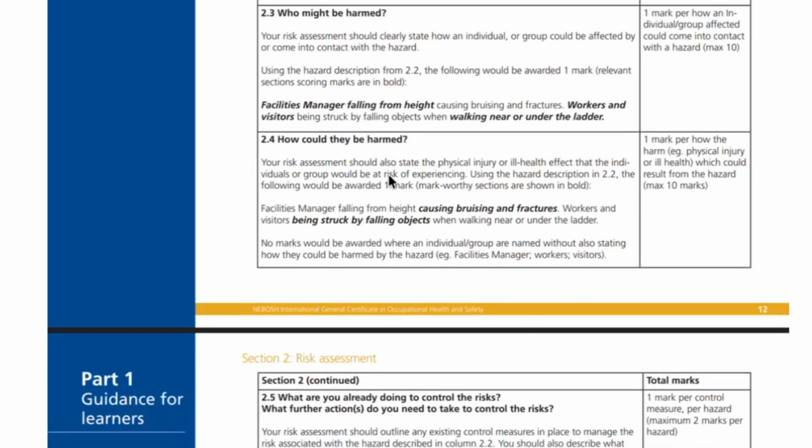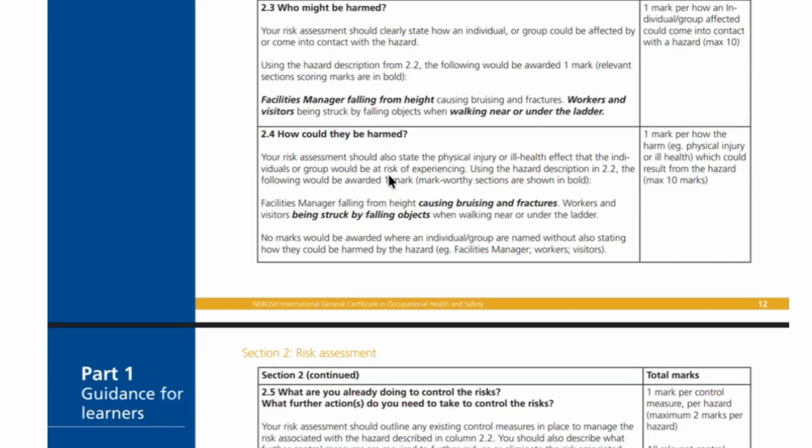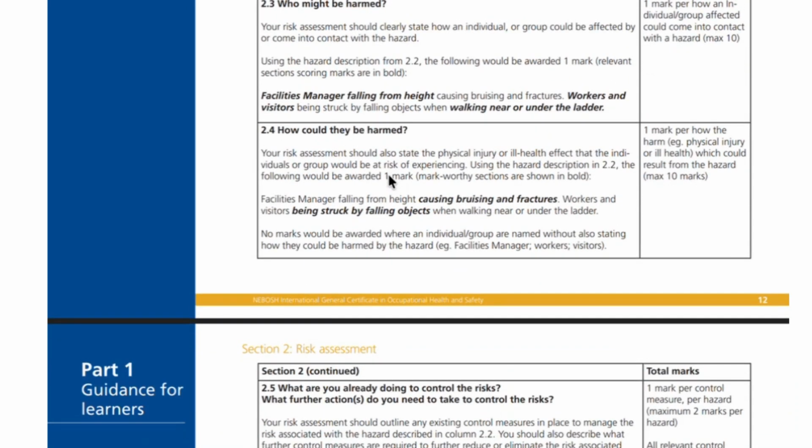Now coming to the next one, 2.3, who might be harmed? In this section, you have to write who is going to get affected. Do not generally write workers. Do not generally write contractors. Clearly mention the designation. Is it clear? If it is a cleaner, then mention the cleaning workers.